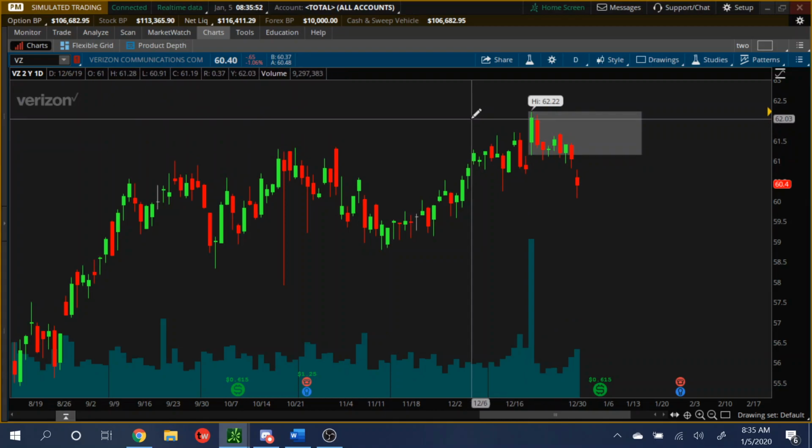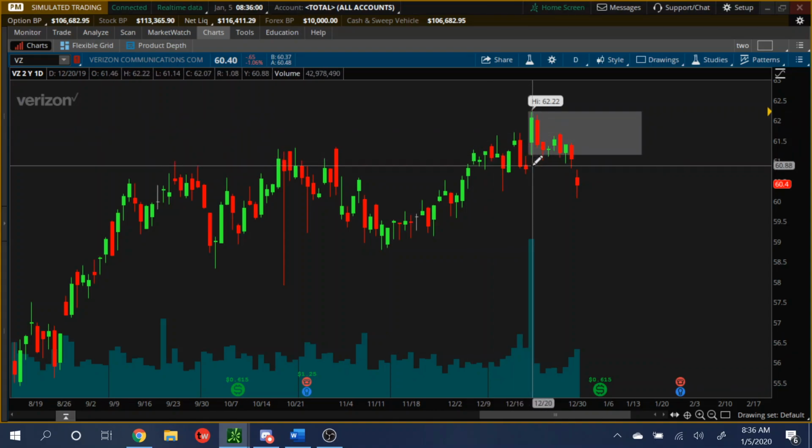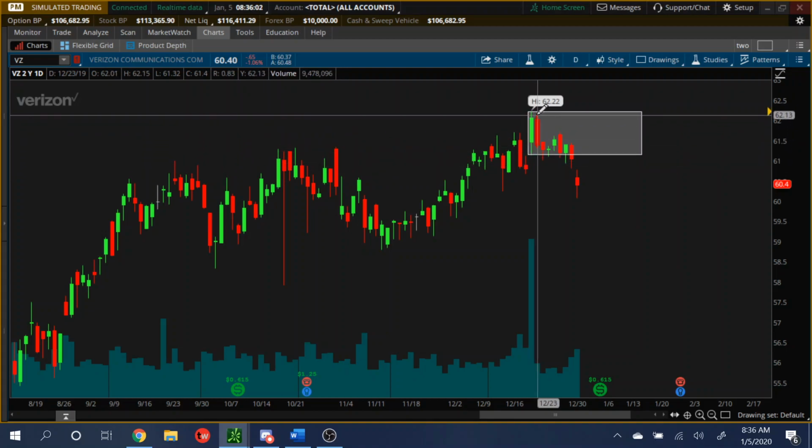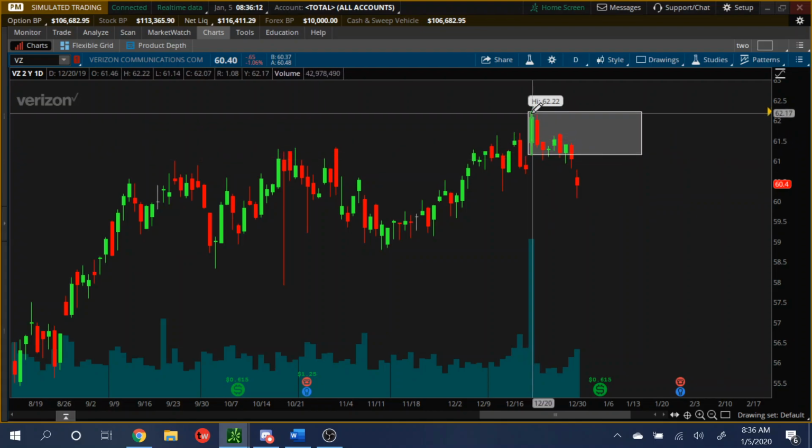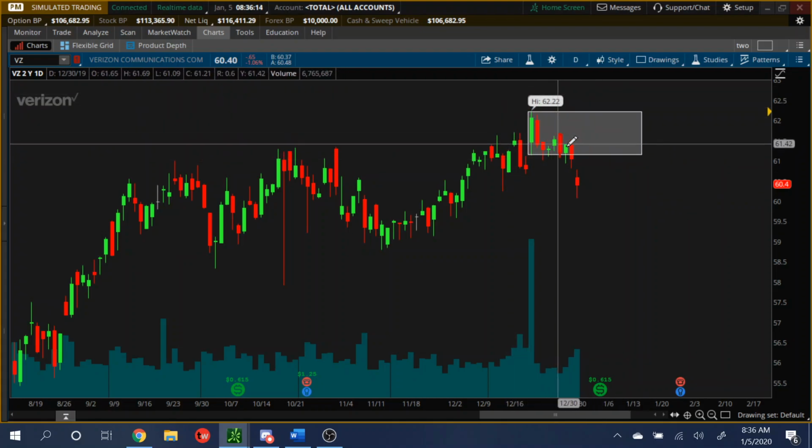And so for this strategy, it's called the inside bar strategy because first of all, you want to look for a large break-up or breakdown candle like this one in Verizon. And then you want to see the next candle take place and close inside of that candle. You want it to close inside of this whole candle, which I've marked by this rectangle.